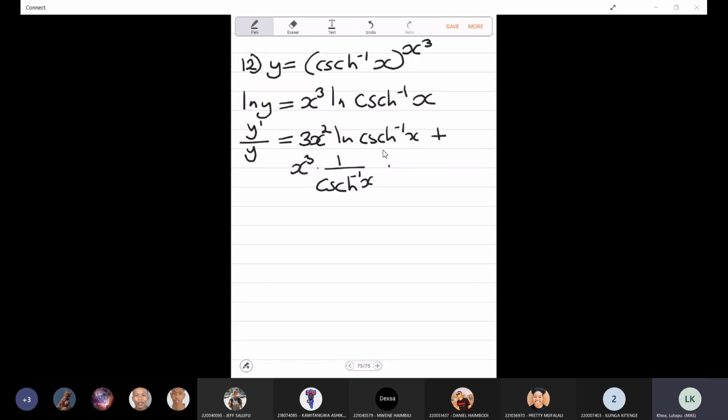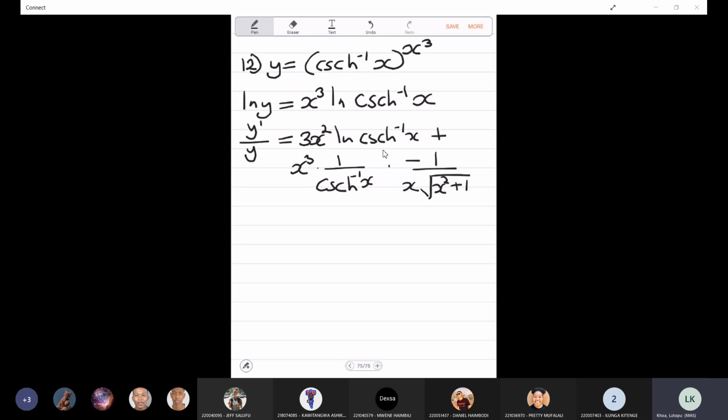Okay, and that derivative is negative 1 over x square root of x squared plus 1.